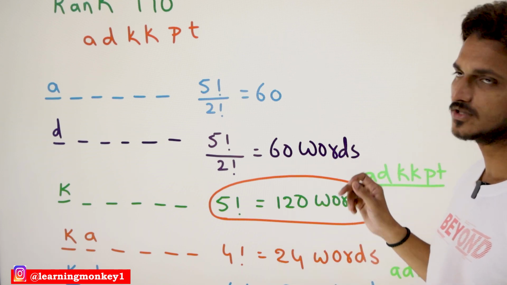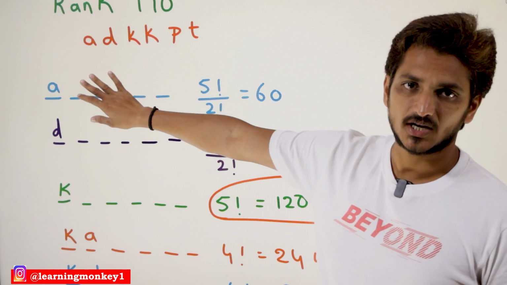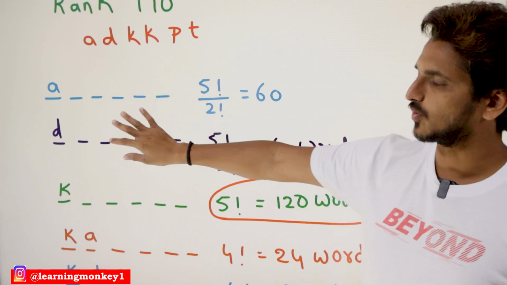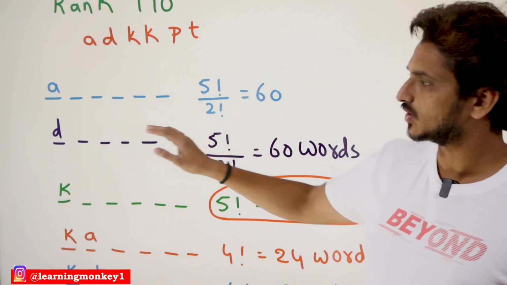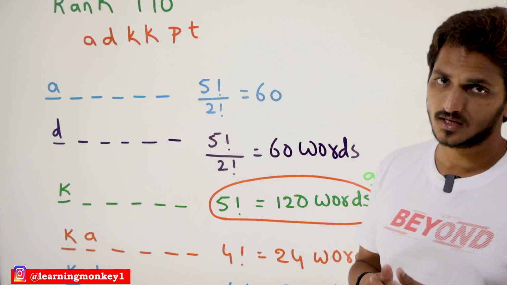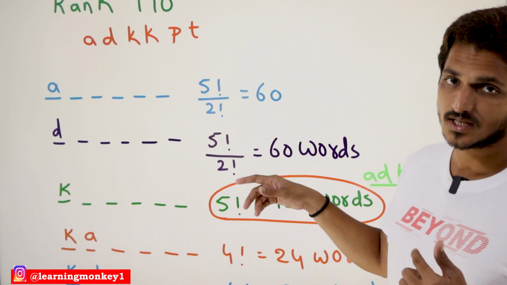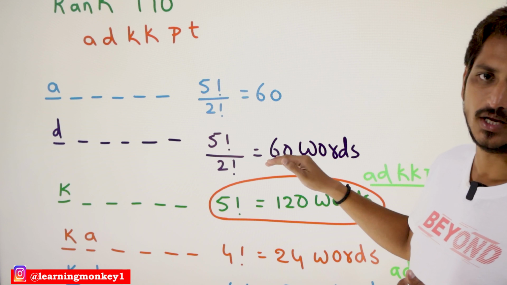So 60 words are possible. 60 words start with A, and 60 words start with D. In total how many words? 120 words are already gone. So the ranks of these words are 1 to 120.